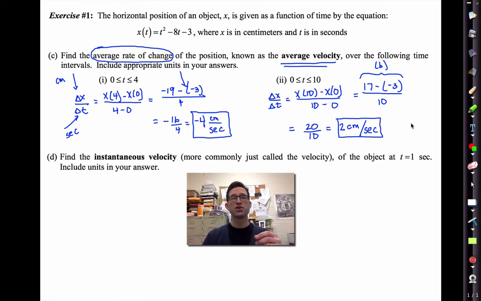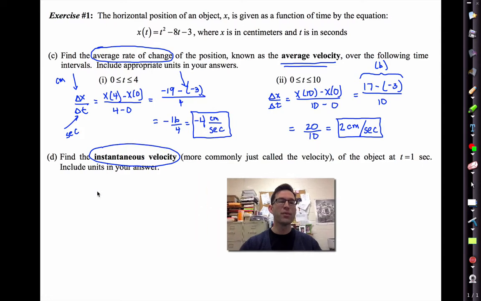So how much has the position changed over elapsed time? Well, that's average velocity. How much did the velocity change over elapsed time? That's average acceleration. So there was always a change in time, but Newton wanted to say, no, I want to quantify the velocity in an instant. And that's where instantaneous velocity came in.